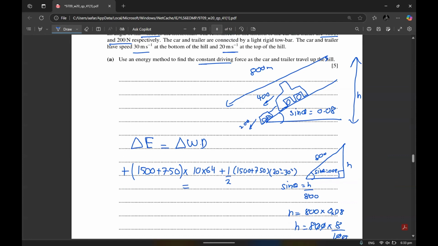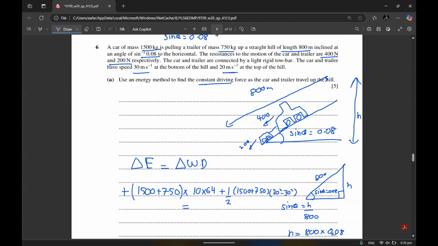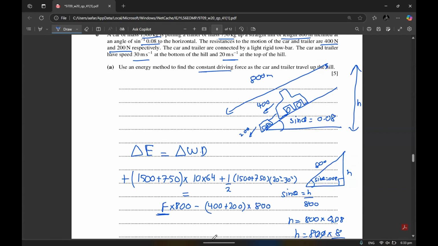This is equal to the work done by the driving force, which is force times the distance, 800, minus the work done by the resistive force, which is the total resistive force, 400 plus 200, times 800 again. This is how we find F, the constant driving force.